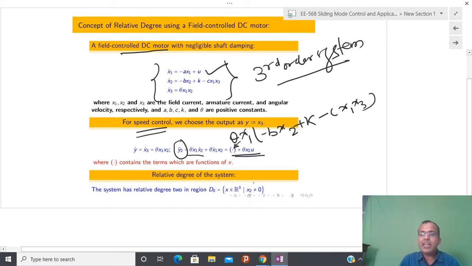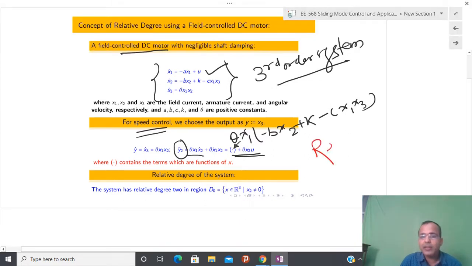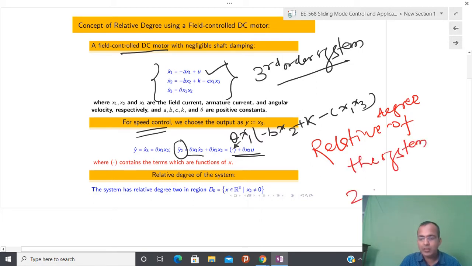Now could you please tell me what is the relative degree of this system? If I select x3, 2, sir. 2. So basically the original system is third order, but the relative degree of the system is 2.